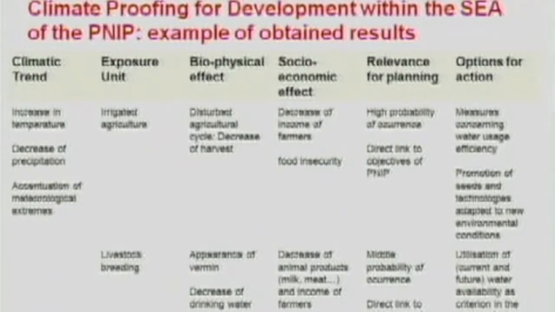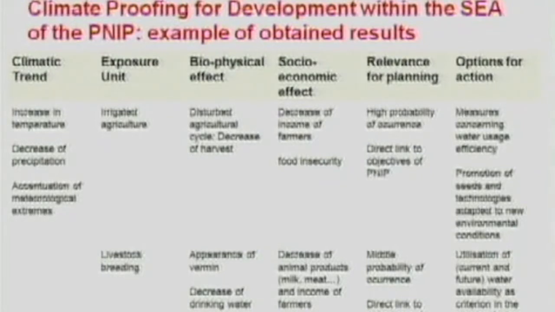On the left hand, you have the most important identified climatic trends, which are increase of temperature, decrease of precipitation, and accentuation of meteorological extremes. Not very surprising. Here I took 2 exposure units. There are more exposure units. This is only an example from the PNIP.